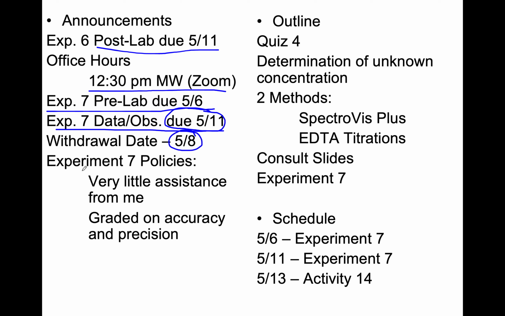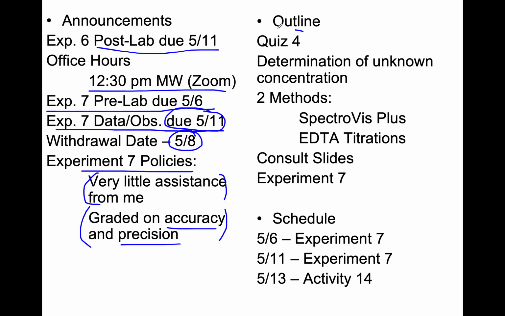I want to reiterate experiment 7 policies that I went over on the last activity. That is very little assistance from me. This is all about you addressing a complex experiment. You will be graded on accuracy and precision. Okay, so the lab work is good, what's been given to you, but you have to perform the calculations and it should represent good accuracy and good precision.